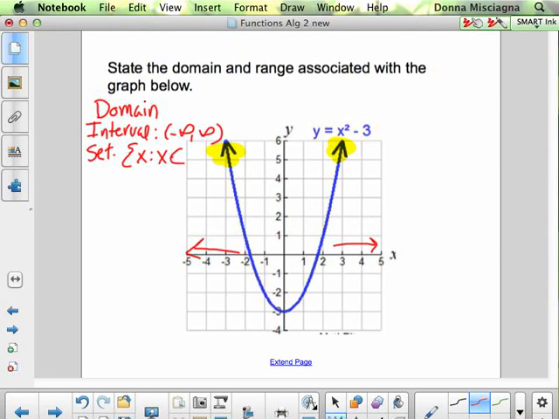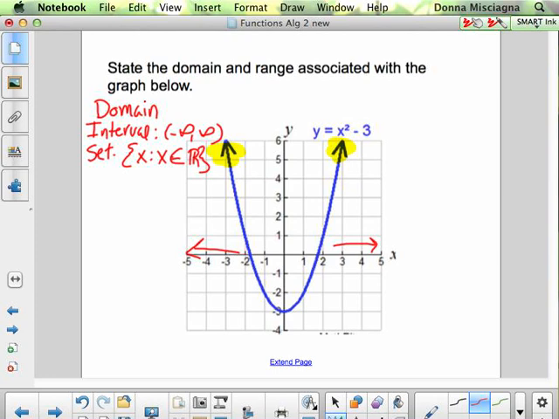And we'll use our symbol. So this stands for x is an element of the real numbers. It could be any number. That's how you write it in interval notation, negative infinity to infinity. How you say it in set notation, x such that x is a real number. The only numbers on the coordinate plane are real numbers.